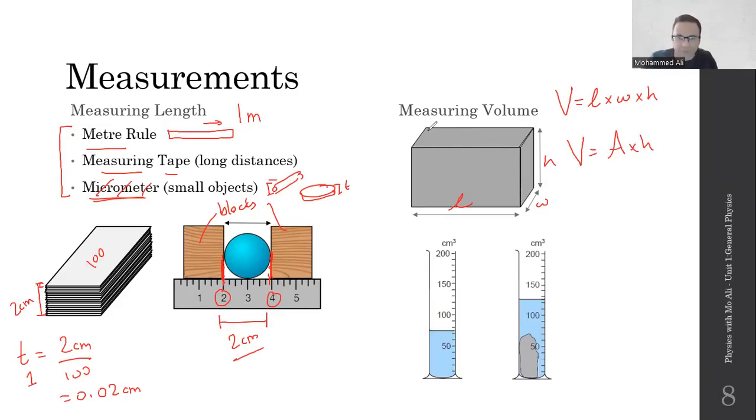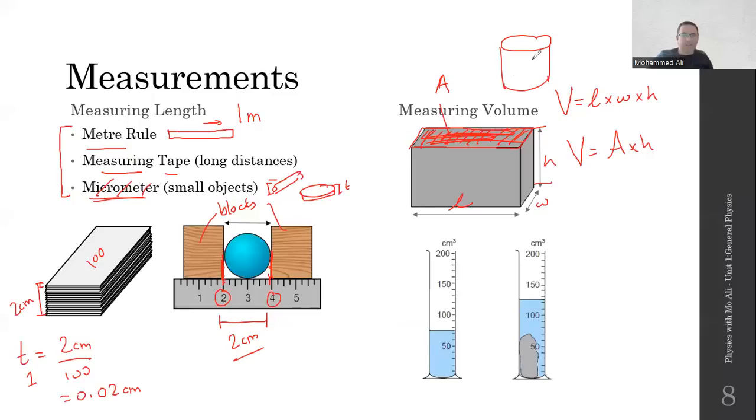So when you say length and width, you're actually getting this. When you say length times width, you're actually getting this. All right? So that's the area of the base times height. This works with a cylinder, by the way.